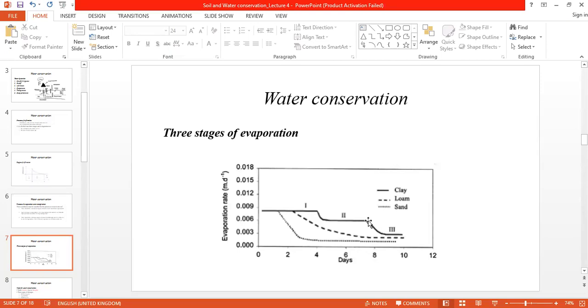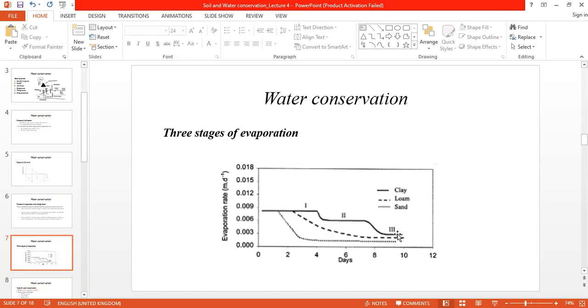Then it continues to reduce until almost all the water has finished in the soil. When you reach that stage, the rate of evaporation will almost cease.